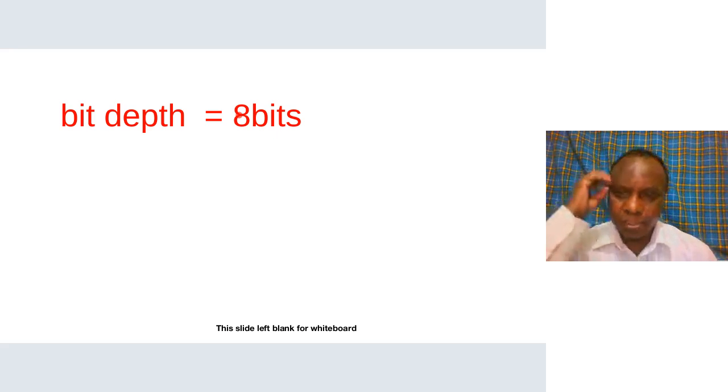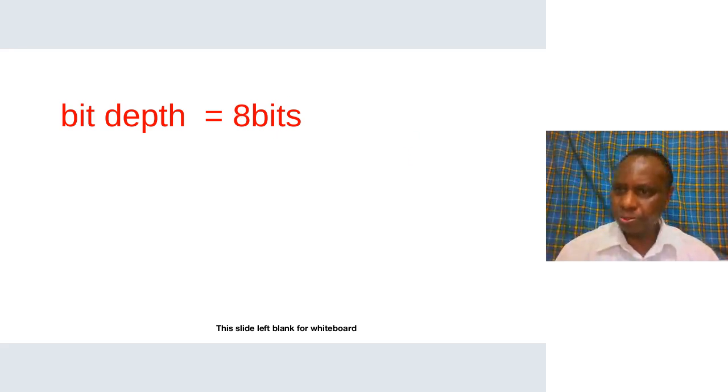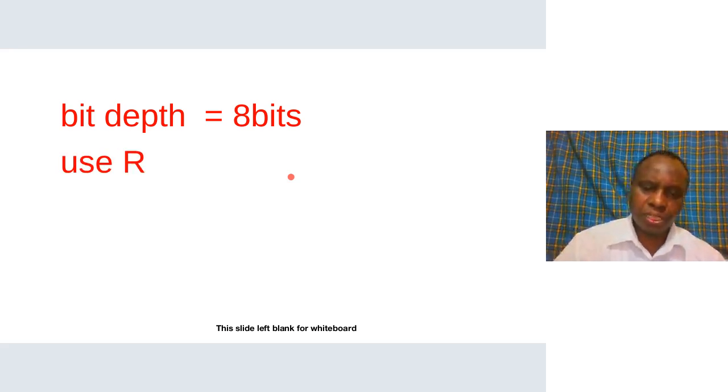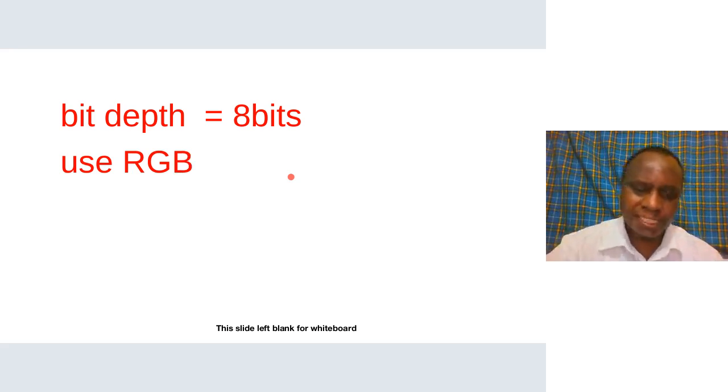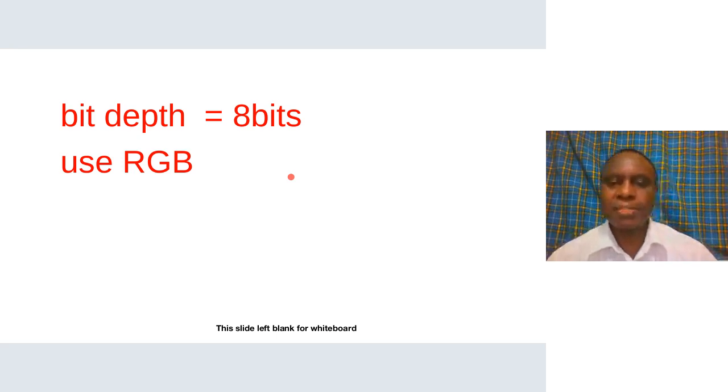So let's assume that we're going to use the RGB model here. Of course, this represents colors, RGB, so red, green, and blue.